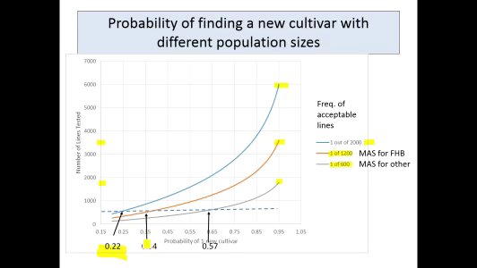And if you test the same 500 lines again, now you test 500 lines again after marker-assisted selection, your probability of finding a new variety now is 34%. And if you do marker-assisted selection for all those genes, and you still test 500 lines, your probability of finding that new cultivar is now 57%. So if you're only testing the 500 lines, you're getting much more bang for your buck if you do some marker-assisted selection or molecular plant breeding on that material before it goes into your trials.